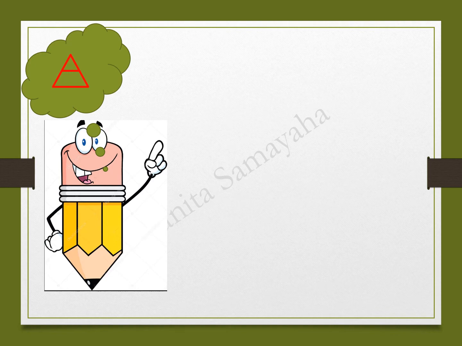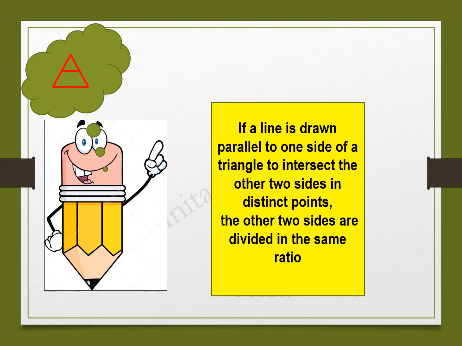What was that, children? Suppose you have a triangle and if you have drawn a line parallel to the other side, it is dividing the other two sides proportionally. So if a line is drawn parallel to one side of a triangle to intersect the other two sides in distinct points, the other two sides are divided in the same ratio.